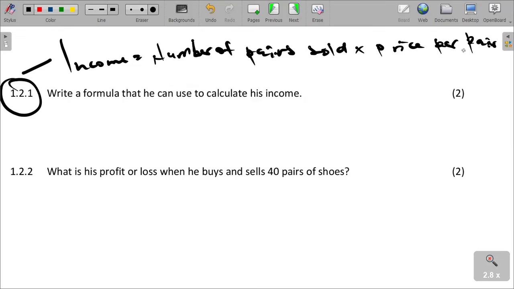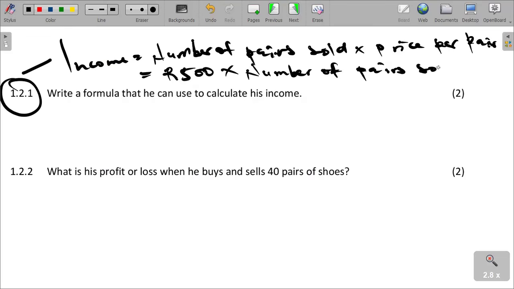How much is he going to sell each pair for? 500 Rand. So this is equal to 500 Rand multiplied by the number of pairs sold. And that's the formula. Question 1.2.1.